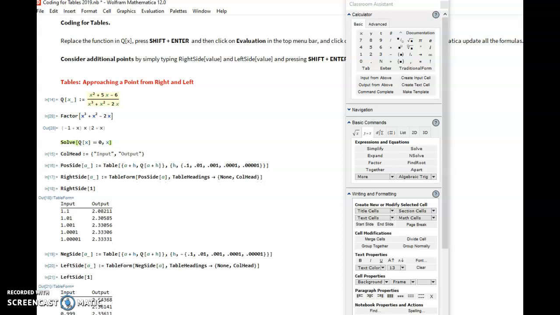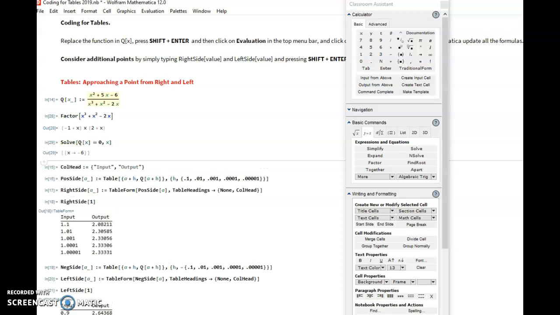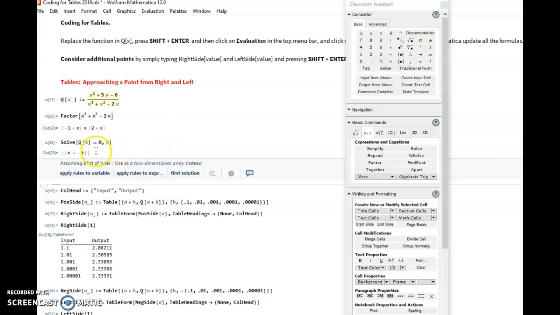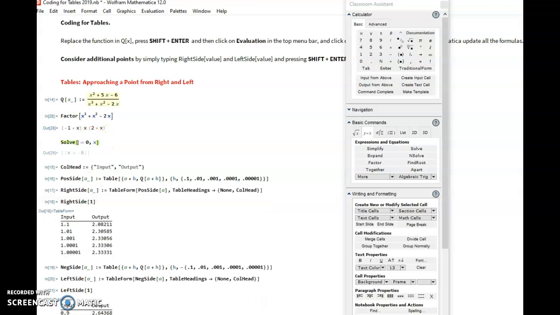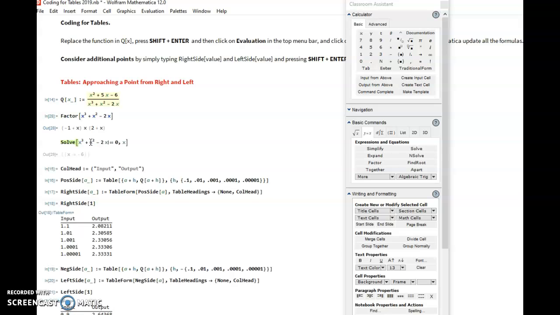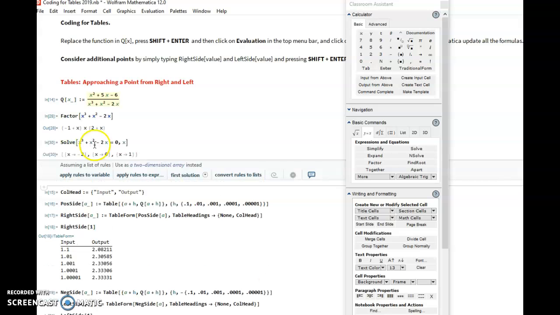In other words, what are the zeros of this function? And you can see that there are the zeros of the function. I want to know not q of x, I wanted to know the denominator. Where is the denominator equal to 0? And the denominator is equal to 0 at these 3 places.